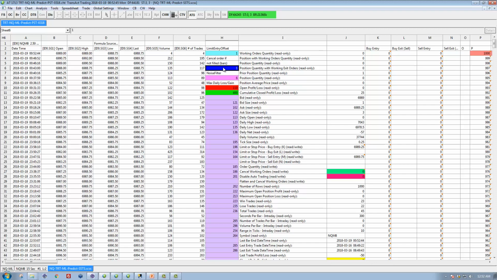Cancel order if not filled: how many bars do I let draw before I cancel my limit order if I'm not filled? The noise filter, a tunable parameter to help you stay out of the chop, and then the max daily loss and max daily gain. Stop trading if I exceed this loss or exceed this gain.